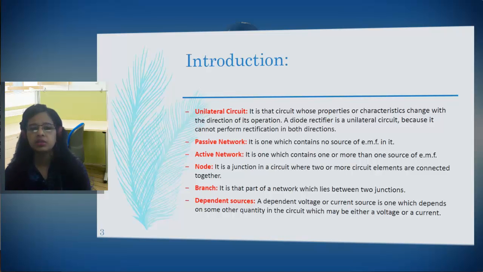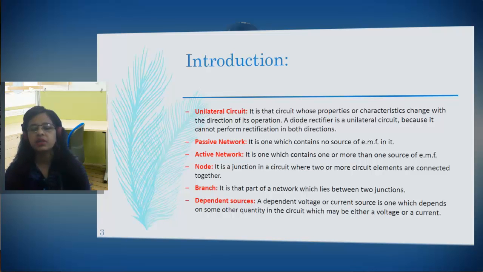Now unilateral circuit. Uni means one, lateral means side. A unilateral element is an element whose property changes with change in direction. One example of this is a diode. All of us know that a diode conducts only in one direction; only when it is forward biased does a diode conduct.